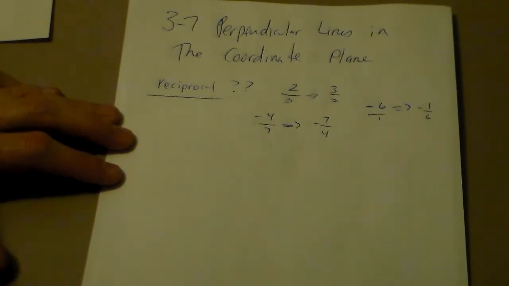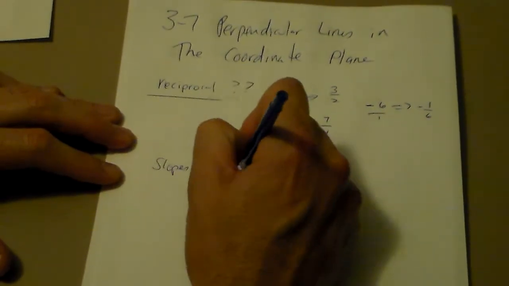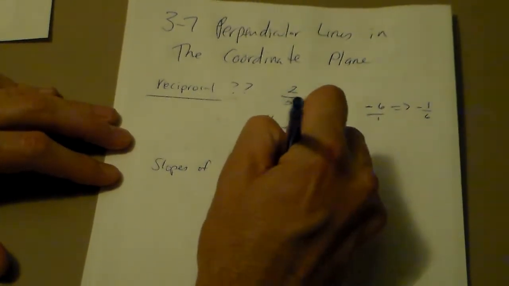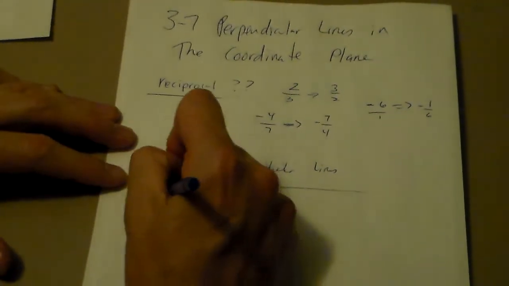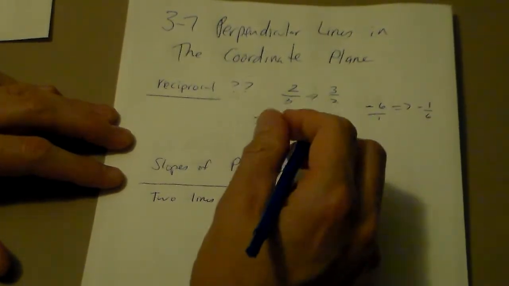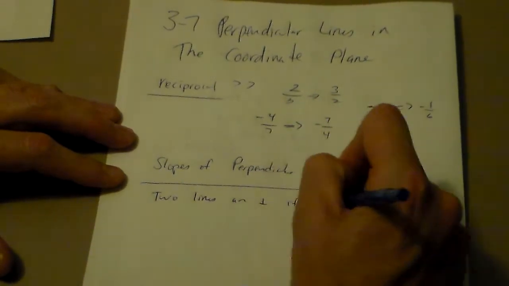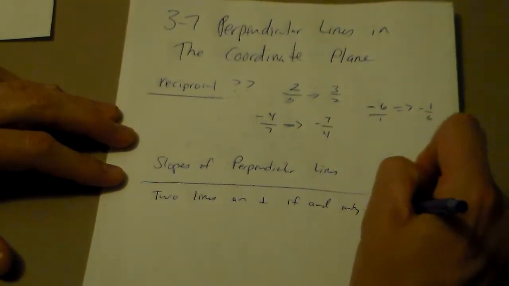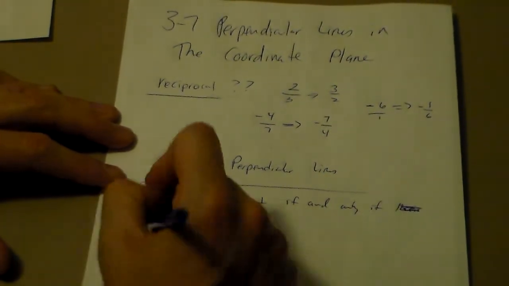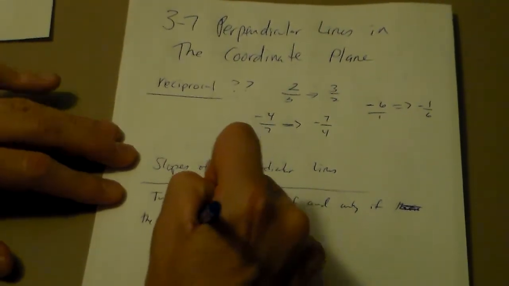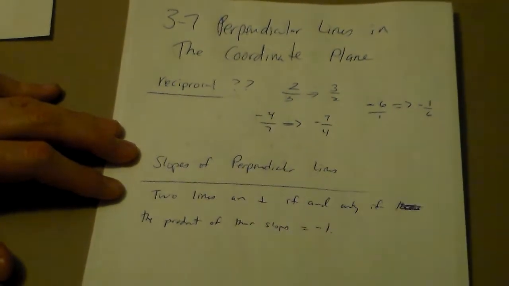Okay, and it talks about it right here. The slopes of perpendicular lines. Okay, so two lines, if we're talking about in the coordinate plane, two lines are perpendicular if and only if the product of their slopes equals -1.